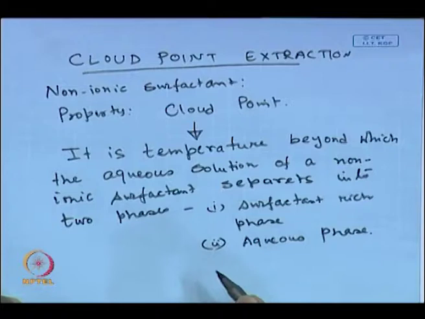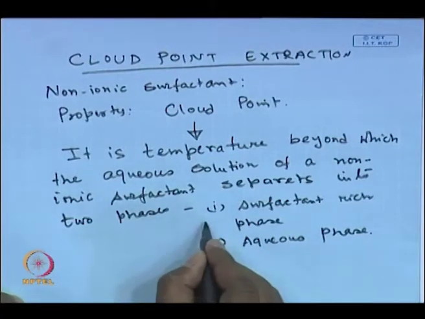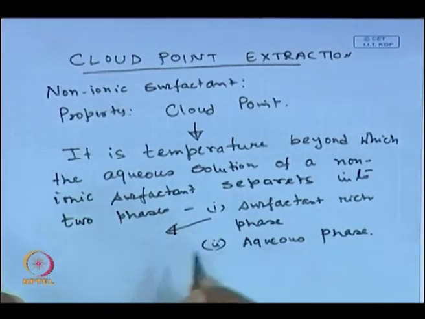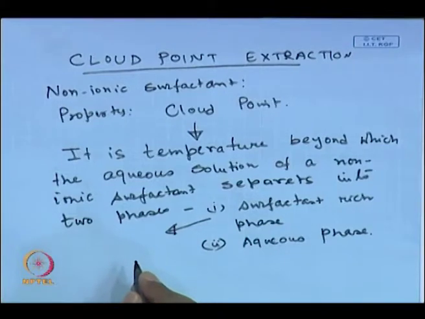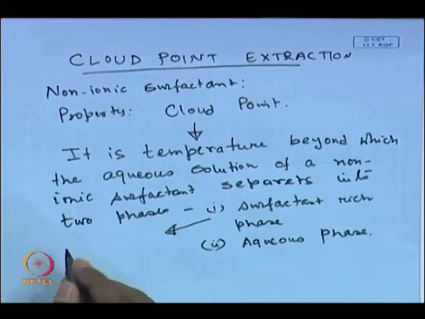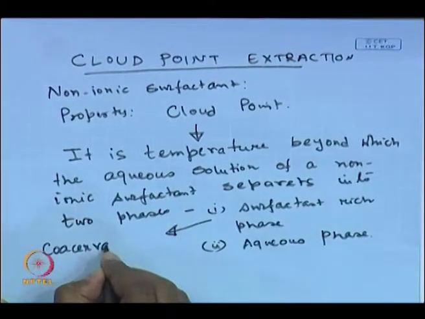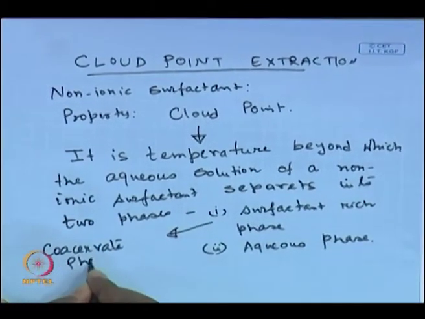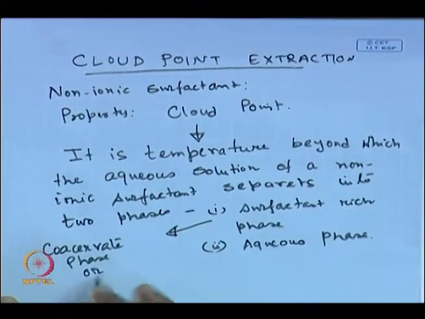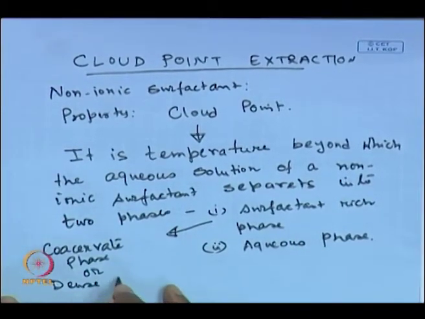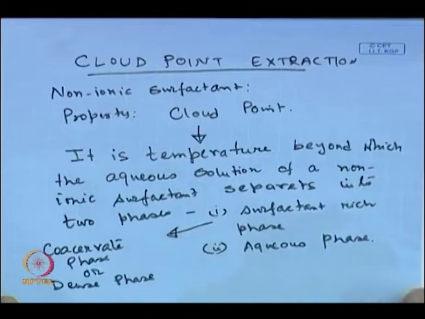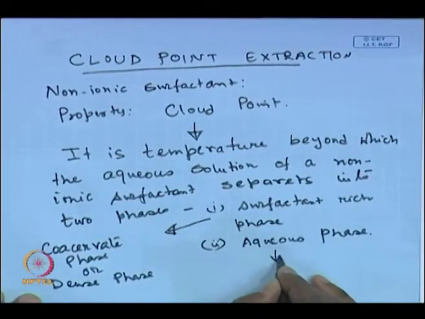Now, there are some names of these two phases. This surfactant rich phase is known as the coacervate phase or the dense phase, and the aqueous phase is known as the lean phase or a dilute phase.